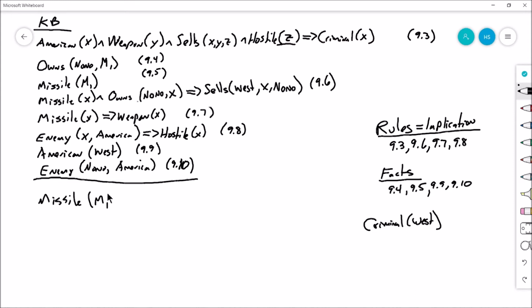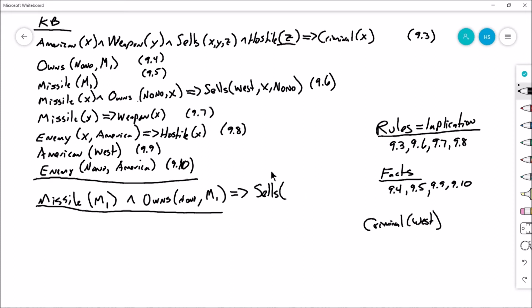Missile(M1). And for Owns(Nono, X), we could replace that with 9.4, so that would be M1. That would satisfy the premise for rule 9.6. And then we fill in M1 for X, because that's the variable that's missing in all three of them.